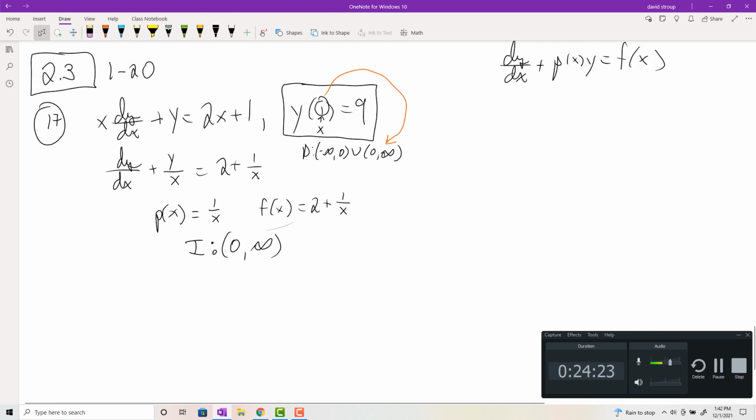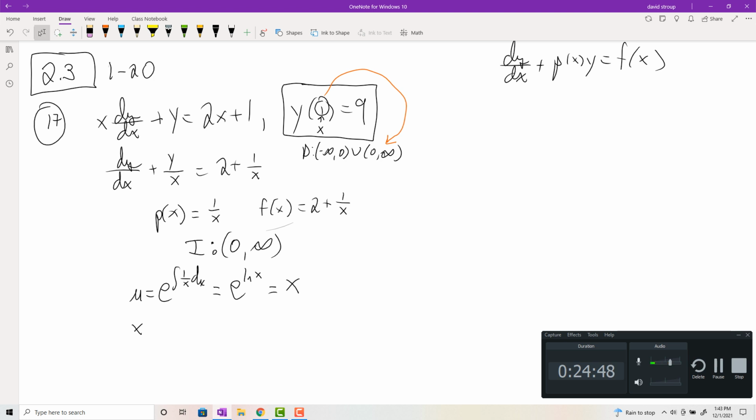Right, now we're going to go ahead and get our mu. So mu is e to the integral of 1 over x dx, e to the integral of p of x. That then will be e to the ln of absolute value of x, but because we're in the positive interval, we could just write x. The e and the ln will cancel, and you just get an integrating factor of x, which kind of gets us right back to where we started.